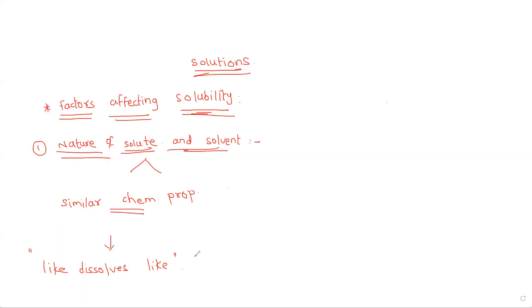I would like to elaborate this. If polar solute and polar solvent are there, both polar in nature, then the solubility of these two will be very high. But if solute and solvent are different, suppose one is polar and the other is non-polar, then the solubility will decrease. So this was the first factor.